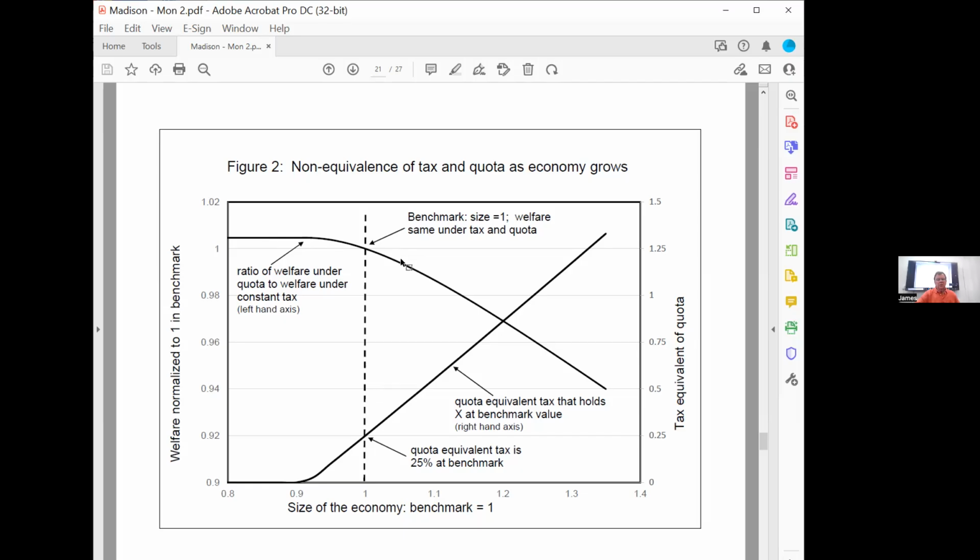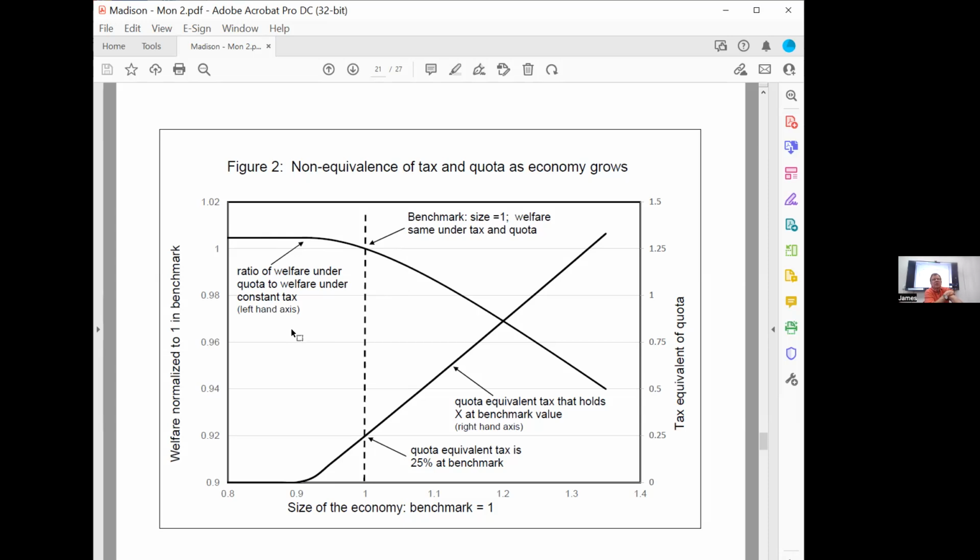And this line that's sloping down, I actually, rather than having 2 separate lines, I plot the ratio. So this is the ratio of the welfare under the quota to the welfare under the constant tax, right? And the ratio is 1 at the benchmark. Now, this is interesting because this tax is purely distortionary, right?